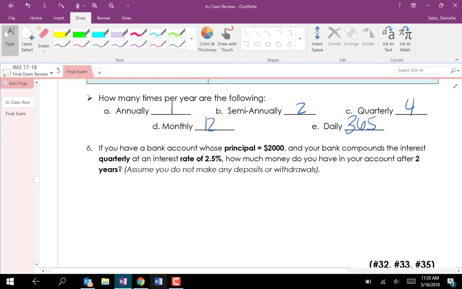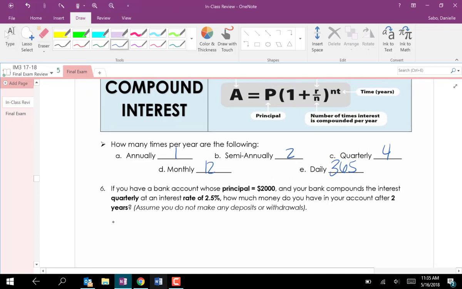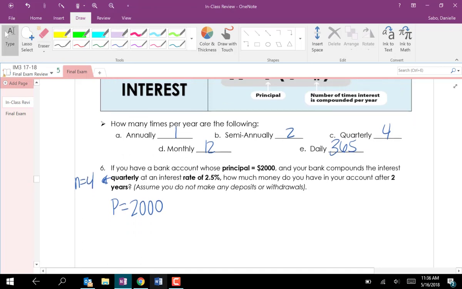Okay. If you have a bank account whose principal is 2,000, so that's our P. Quarterly. How many is that? 4. What part of my formula is quarterly? Is it R, N, or T? The N. So N is 4. I'm going to put that there so you know where it's coming from. My rate is 2.5 percent.